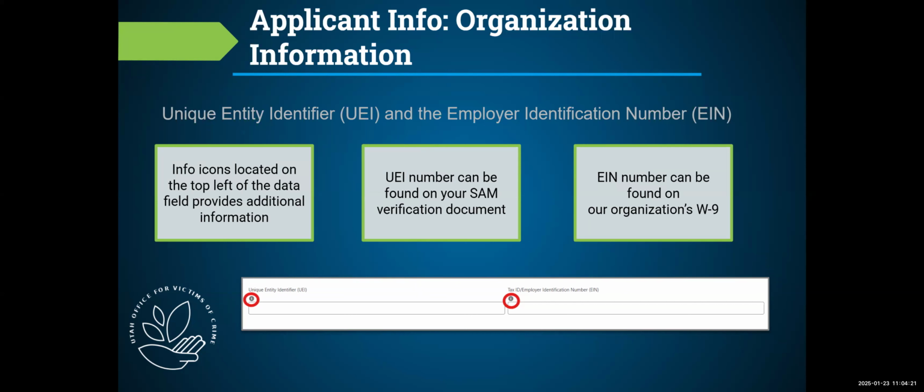To find your UEI, you can look at the very top of your System for Award Management, SAM, verification document, or on sam.gov. For your EIN number, you may reference your organization's W-9.